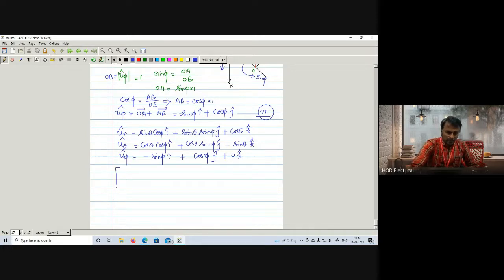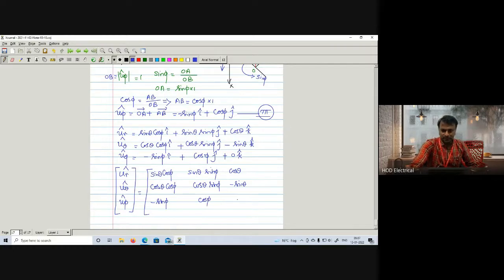If we write it in matrix form, we have u r hat, u theta hat, u phi hat equal to the matrix: sin theta cos phi, sin theta sin phi, cos theta; then cos theta cos phi, cos theta sin phi, minus sin theta; then minus sin phi, cos phi, 0; multiplied by the matrix of i-hat, j-hat, and k-hat.